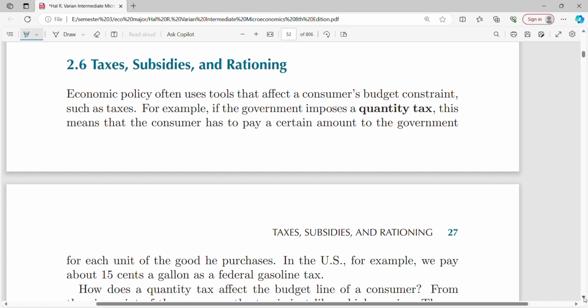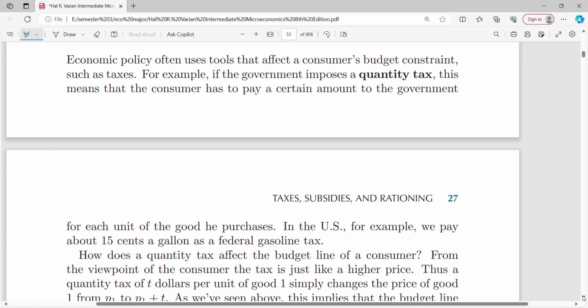Here we study three types of taxes and subsidies: quantity tax and quantity subsidy, ad valorem tax, and ad valorem means value tax and value subsidy, then lump sum tax and lump sum subsidy. So what is quantity tax? We are studying them specifically because they affect the budget constraint, okay?